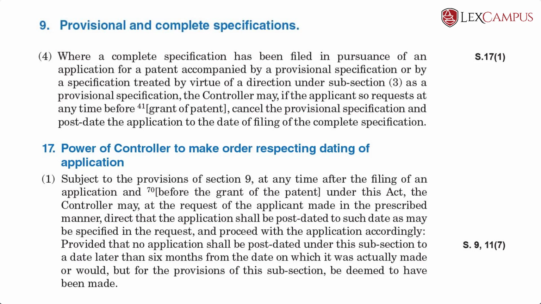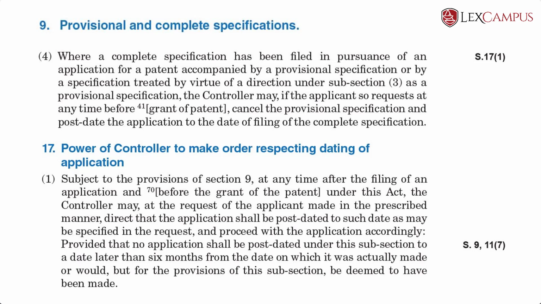You filed an application, normally the date of filing is regarded as the date of priority, but if for some reason you want to post date it, the law allows you to do that given certain conditions. 9(4) talks about an instance where a provisional is filed for the first time, and within the close of 12 months when you have to file the complete, you realize that there are certain disclosures made in the provisional which you do not want to come out in the public domain for whatever reason.